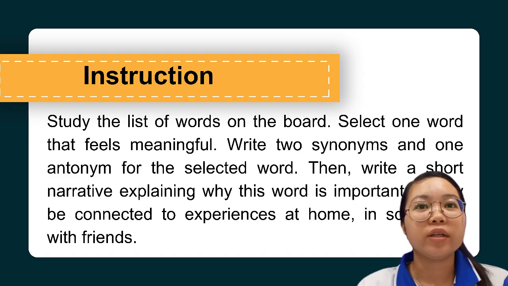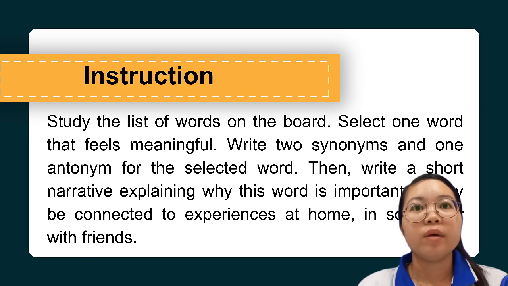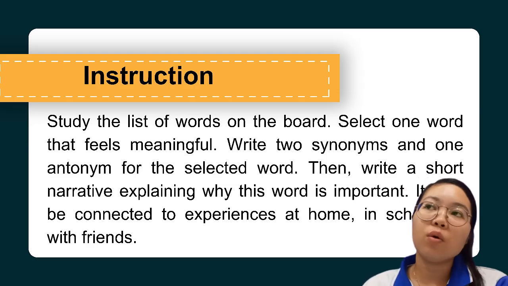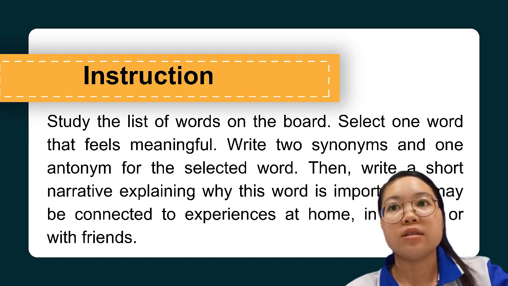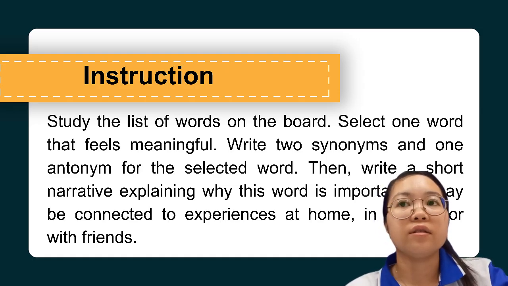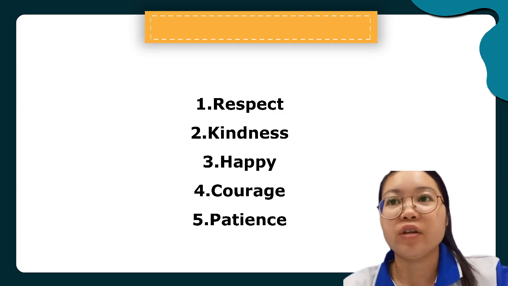Then write a short narrative explaining why this word is important. It may be connected to experiences at home, in school, or with friends. So, are we clear, class? Are the instructions clear? Okay, here are the words: respect, kindness, happy, courage, and patience.